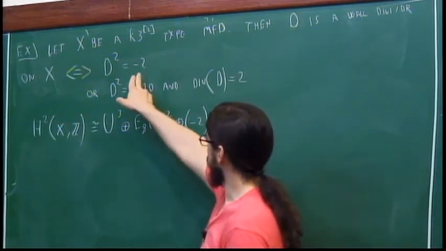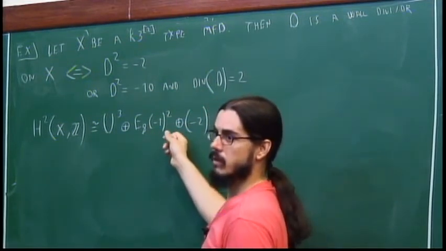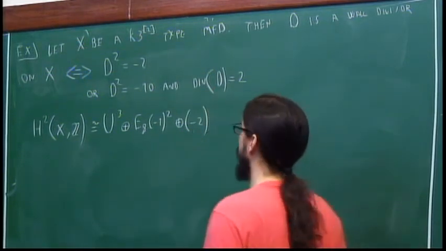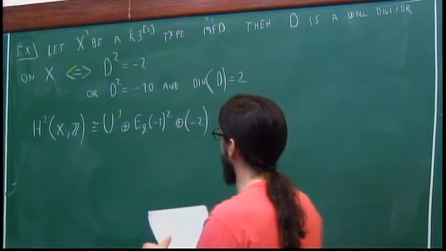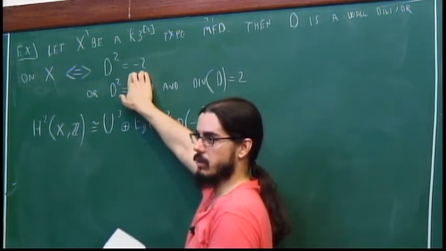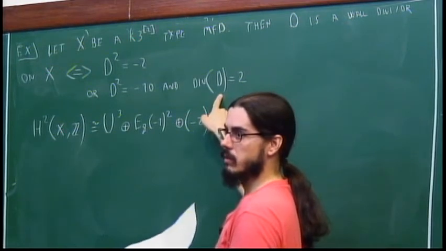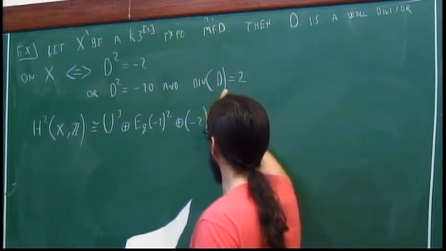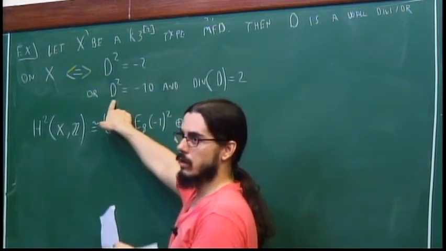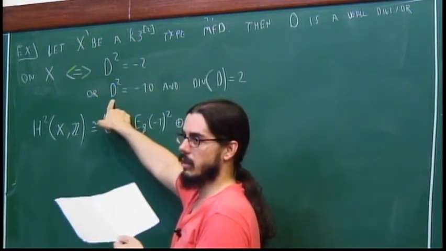So an element of square -2 can have divisibility 1 if it comes from here, or divisibility 2 if it comes from this part. And in the case of square -2, there is always a multiple of this divisor which is effective. In this case, no multiple is effective, and it is actually a result of Hassett and Tschinkel that this element is dual, at least generically, to the class of a curve lying inside a P2.